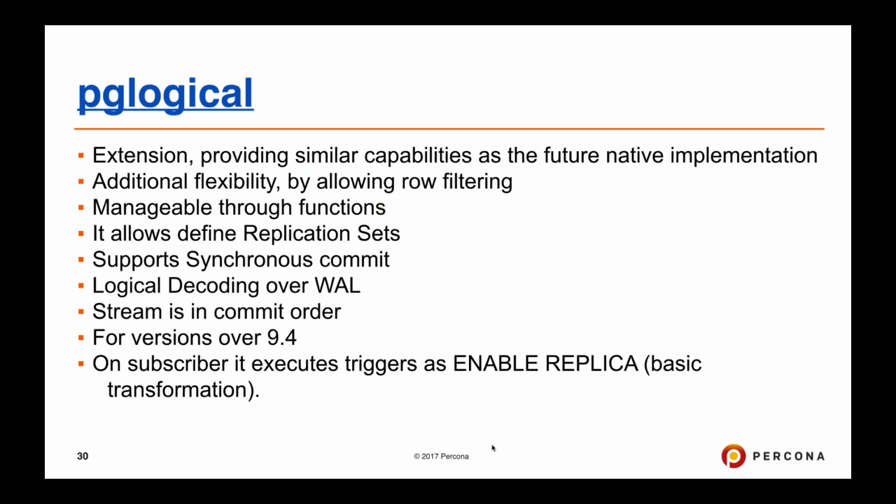As I mentioned, logical decoding is supported since 9.4, and pglogical is a third-party tool developed by Second Quadrant that basically uses logical decoding to do logical replication in versions that do not support it natively. But also, pglogical has more flexibility. It allows you to do row filtering with a value, for example, you can filter by specific IDs, etc. So it's still a bit more flexible than the native feature.